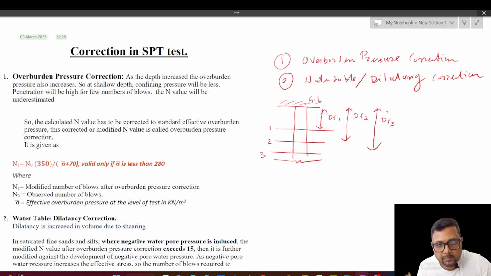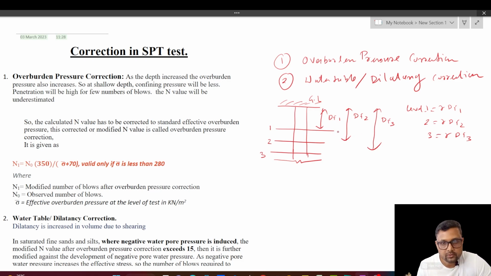Now what is overburden pressure? The overburden pressure at level 1 is how much? Gamma d F1, at level 2 gamma d F2, at level 3 gamma d F3. If the depth keeps on increasing, the overburden pressure will also keep on increasing.